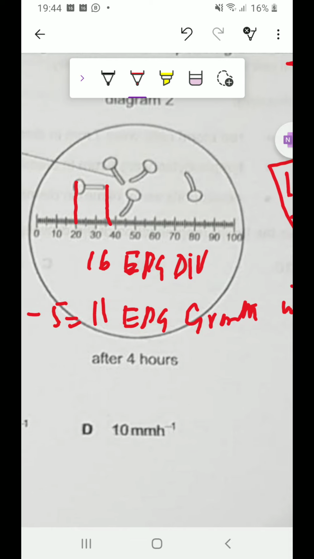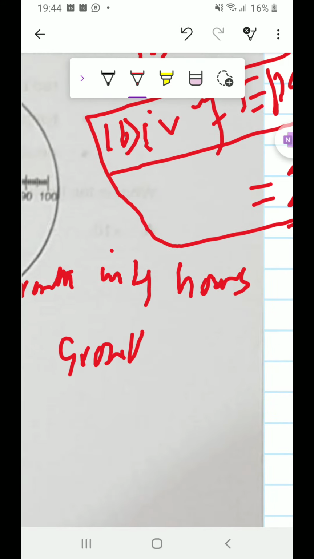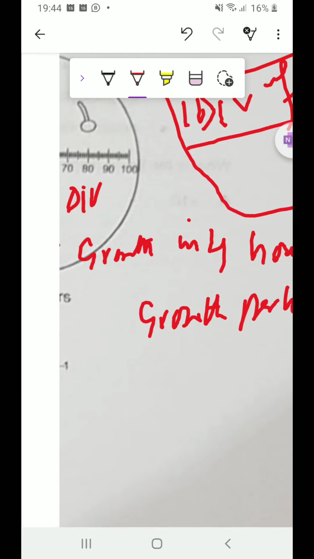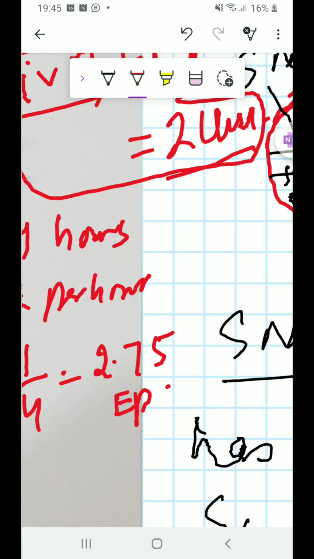So for 1 hour, we divide the 11 EPG by 4. What will the growth per hour be? Growth per hour will be 11 divided by 4. 11 divided by 4 is 2.75 EPG divisions.